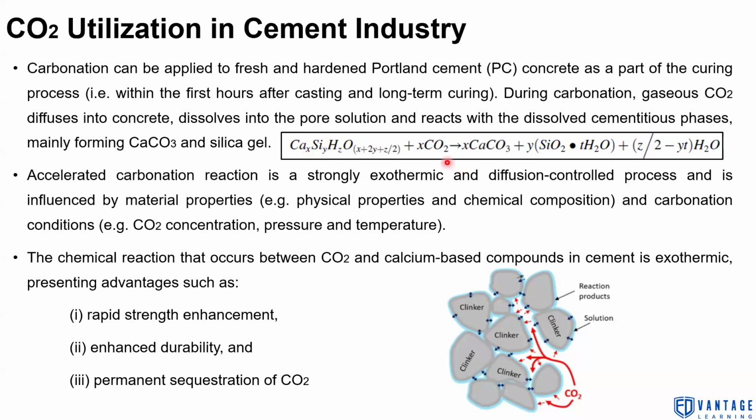So we can use CO2 to enhance carbonation because it forms calcium carbonate, which will help set the cement very fast. So accelerated carbonation reaction is strongly exothermic and a diffusion controlled process, and is influenced by material properties and carbonation conditions. So what happens? The cement clinkers can be bonded very well using CO2 as a third agent with cement. So rapid strength enhancement, enhanced durability, and permanent sequestration of CO2.